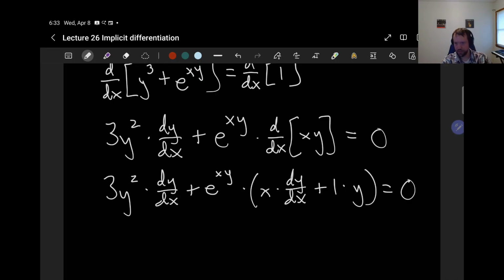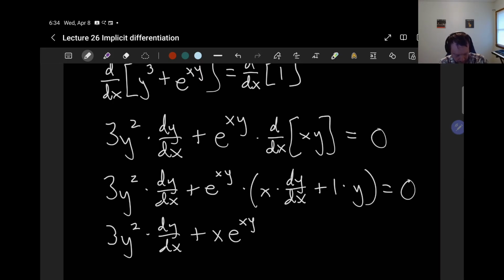Okay, so now I want to get the dy/dx's together and everything else on the other side. So I would probably start by distributing this e to the xy. And I would like to write the x first, x times e to the xy times dy/dx.